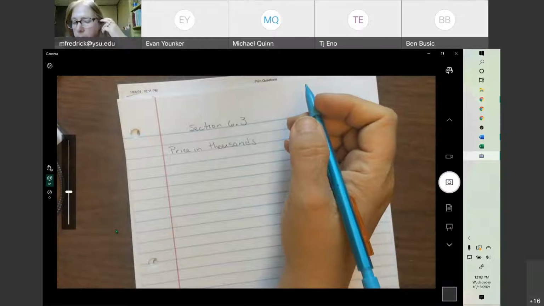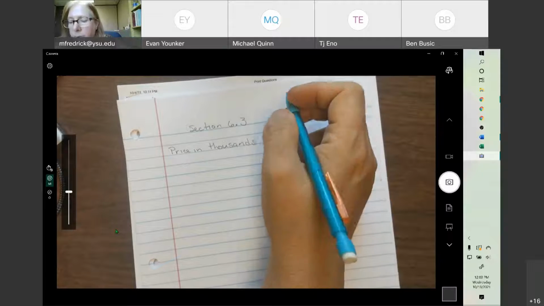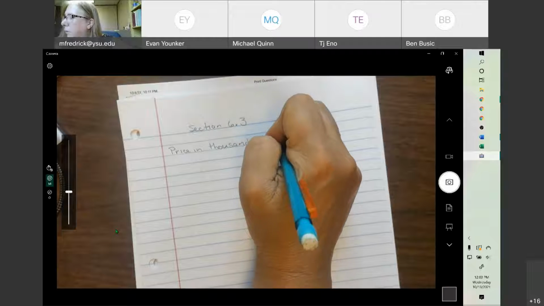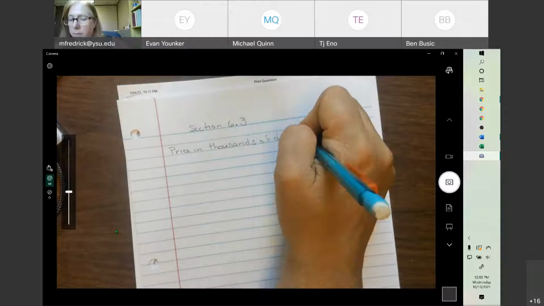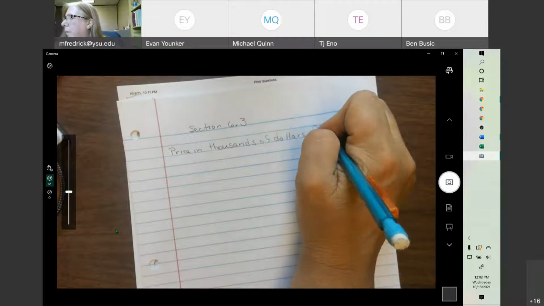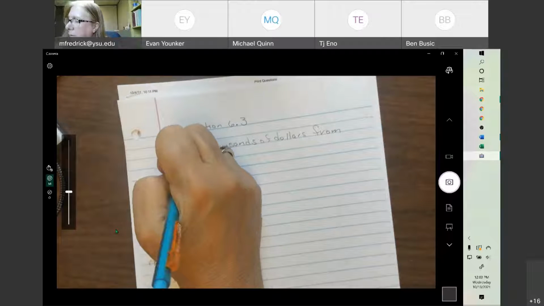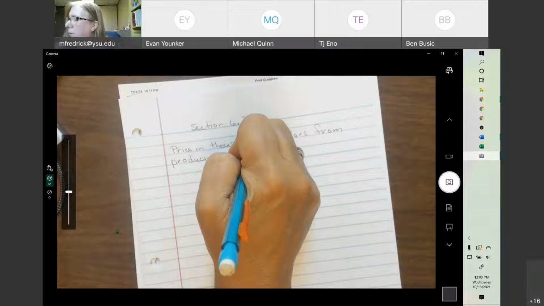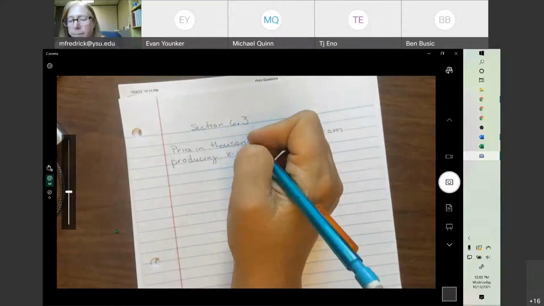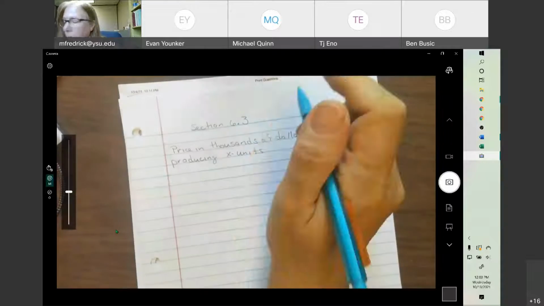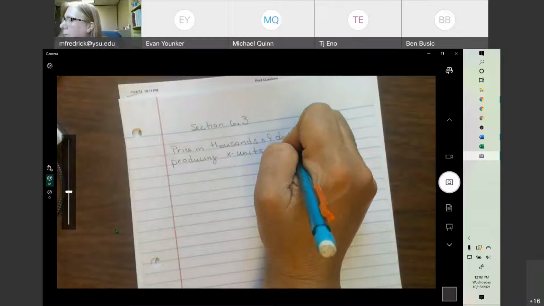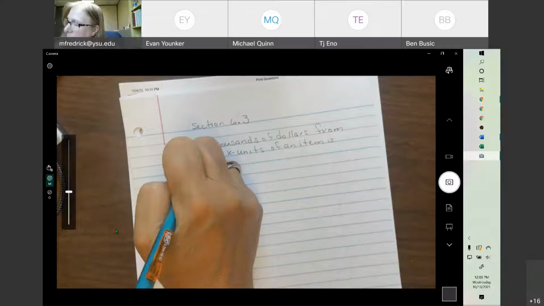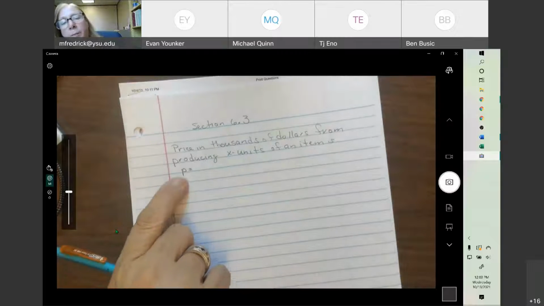So it says the price in thousands of dollars from producing x units of an item is p equals, and it's a lowercase p when they're talking about price.